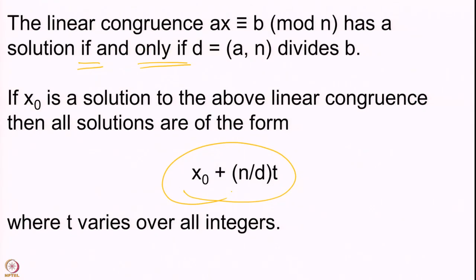We also then later saw that whenever you have one solution, so now you assume that D is a divisor of B, so that there is a solution, and suppose one solution is named x naught, then all other solutions in the set of integers are obtained by the formula x naught plus n by d into t. So, this is the formula which gives us all the solutions.